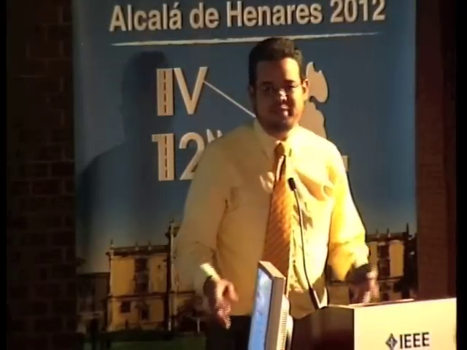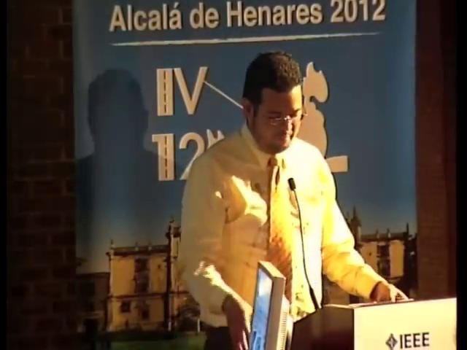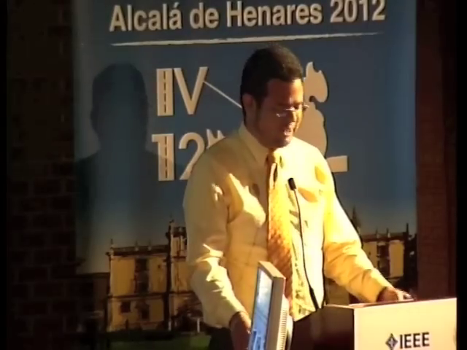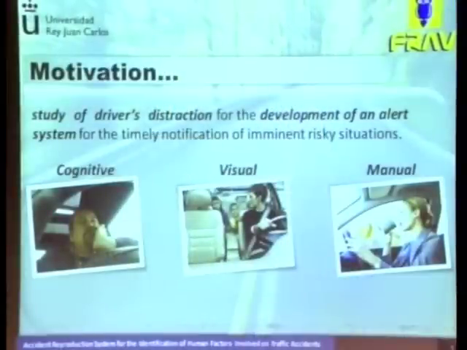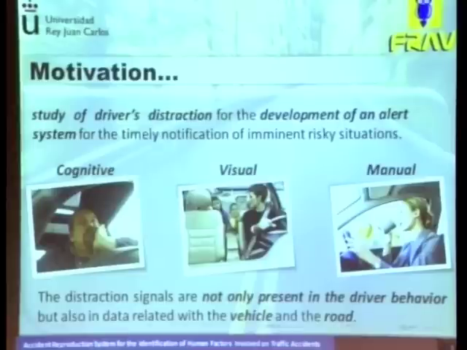Driver distraction can be divided into three main categories. Manual distraction, when the driver has a bad hand position over the steering wheel that affects his reaction time; visual distraction, when the driver does not have the eyes on the road and is not aware of the changing conditions of the environment; and cognitive distraction, when the driver is not concentrated on the driving task. In all cases, the distraction signals are present not only in the driver behavior, but also in data related to the vehicle and the road.